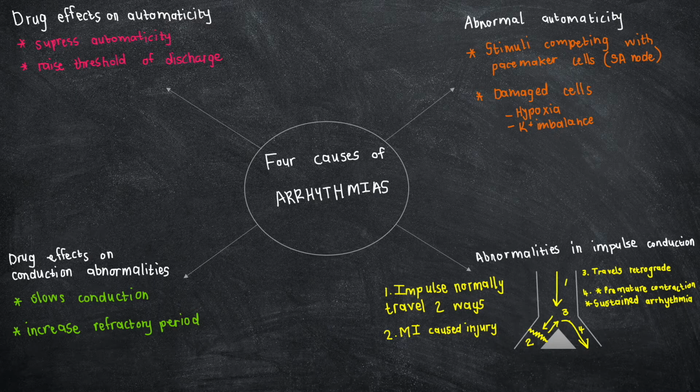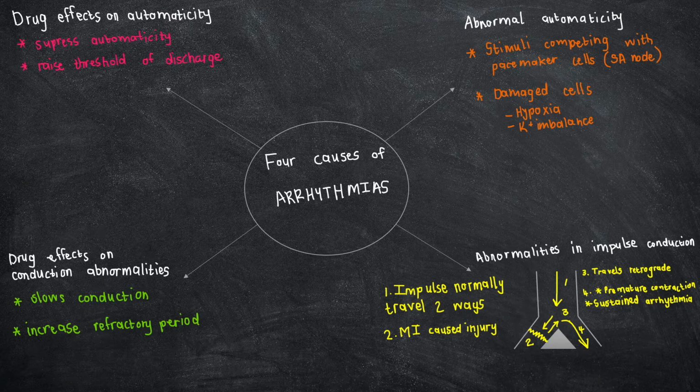So here we are looking at a Purkinje fiber with its 2 pathways, and this is all situated in a ventricular muscle. So what usually happens is an impulse will come and travel through both pathways. But in our scenario here, we've got a block in the one pathway. So this is due to myocardial infarction that causes an injury in this pathway.